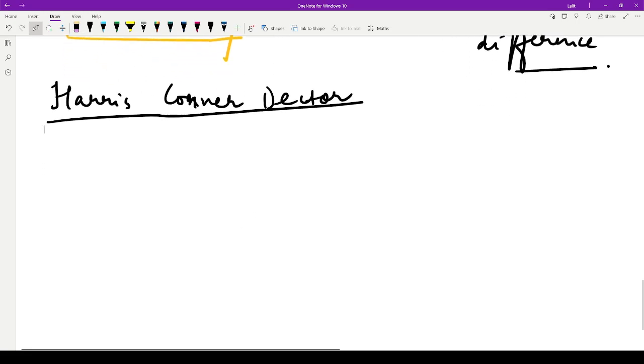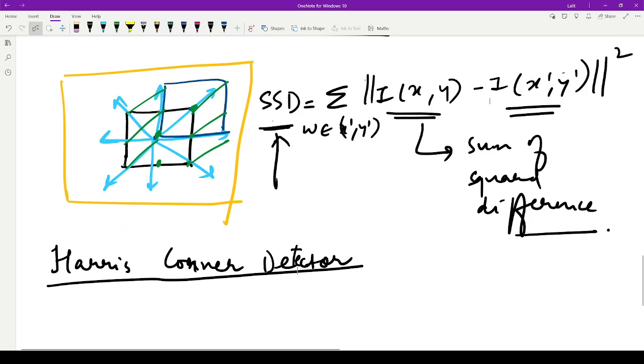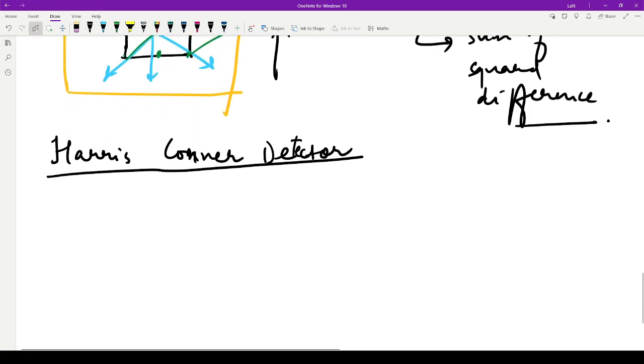If you remember this thing, here we are taking the sum of square differences. There also we are taking sum of square differences. But then what?